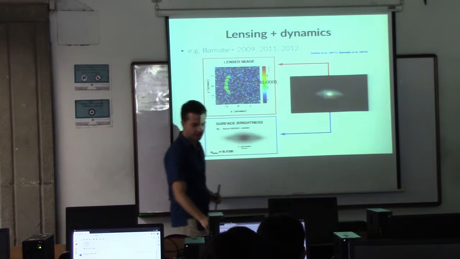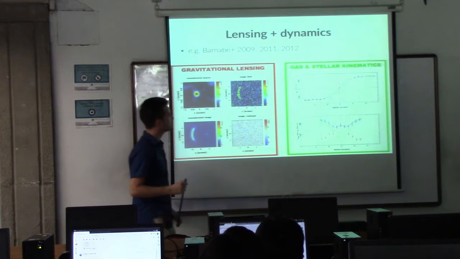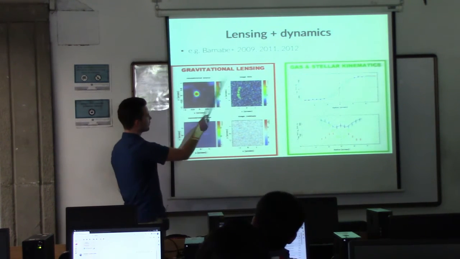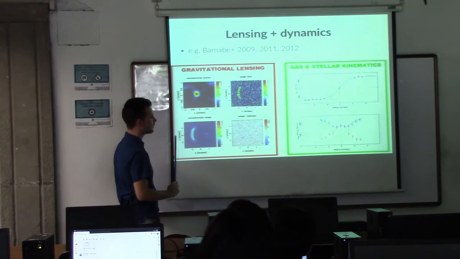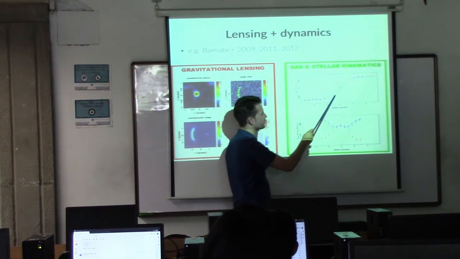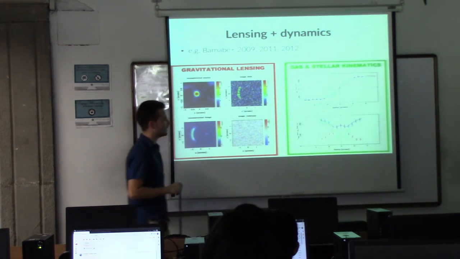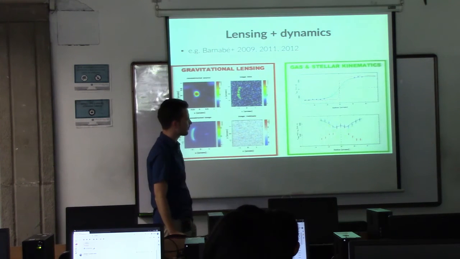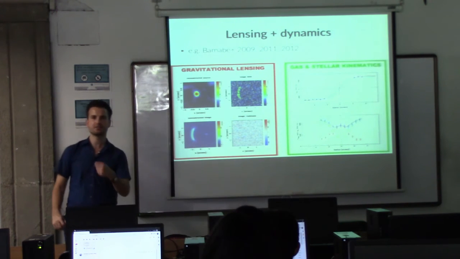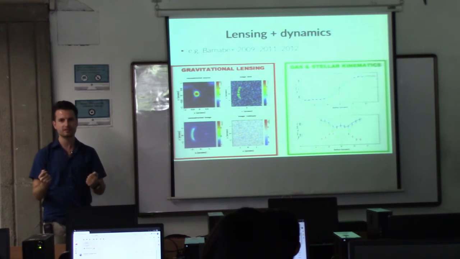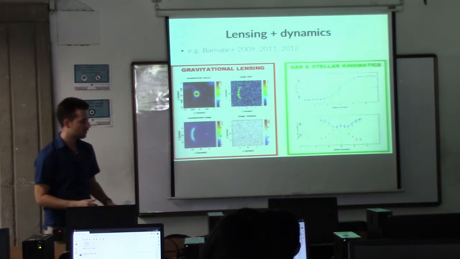And so when you do the joint analysis, you basically reconstruct the source from the normal lens modeling, but for this galaxy you also have nice resolved gas and stellar kinematics because you measure these from your spectroscopy. This is a very nice technique that allows us to break all of the degeneracies and put even better constraints on the galaxy masses.